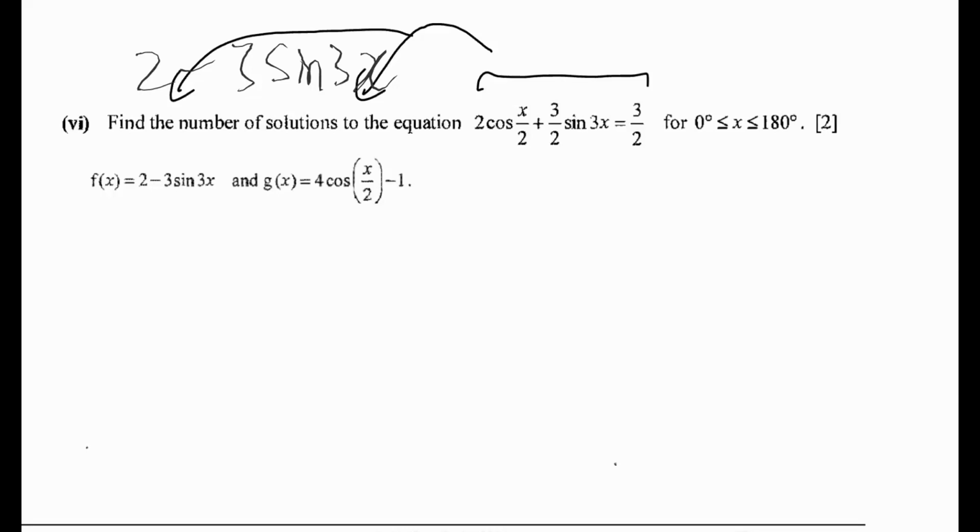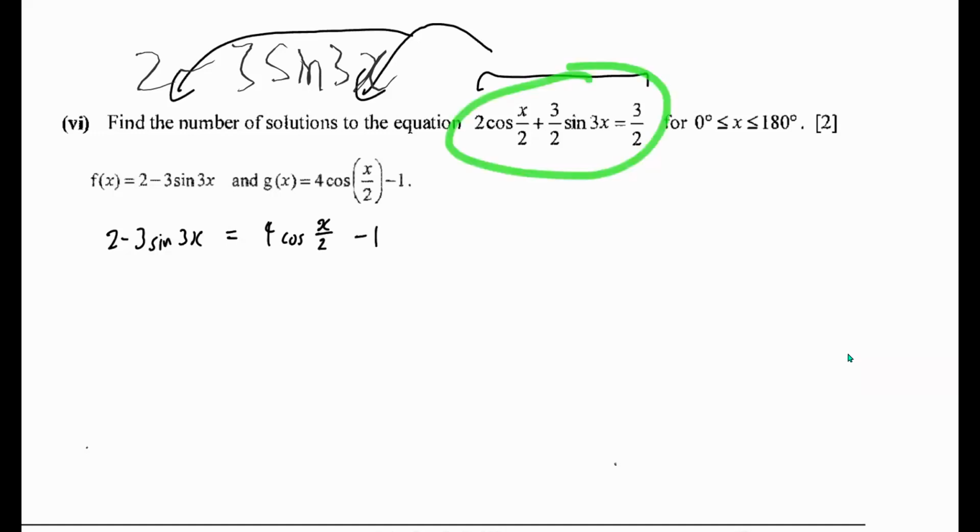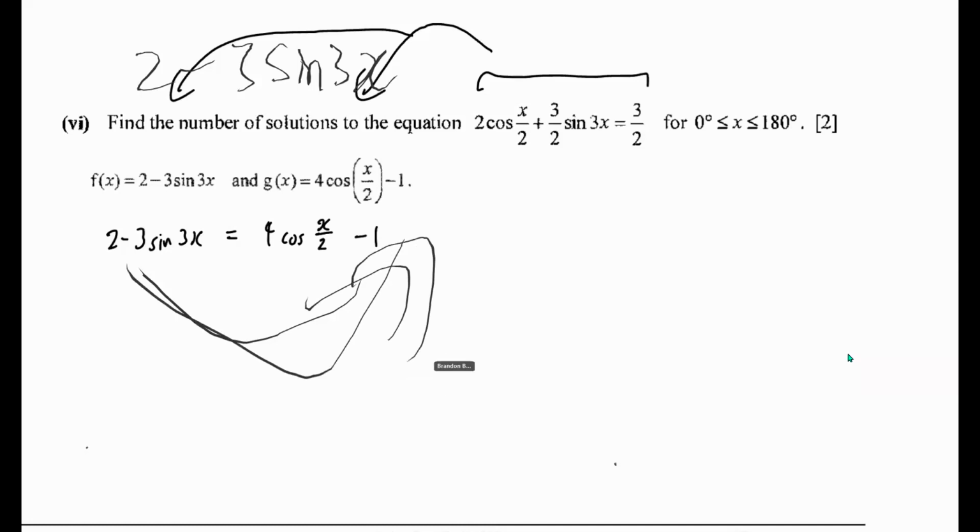Sub f of x equal g of x. f of x equal g of x, okay. But okay, we can do that and see if we can somehow get it to be the same equation. Bring the 4 cosine x over 2 to the other side, then bring the 2 to this side.